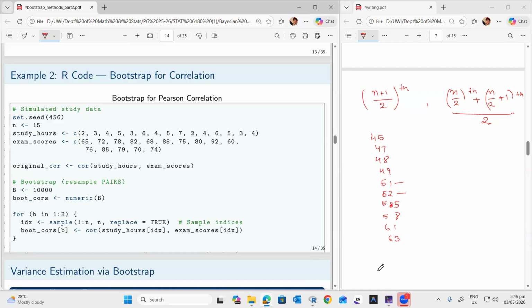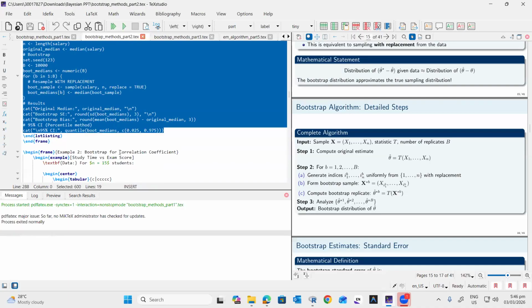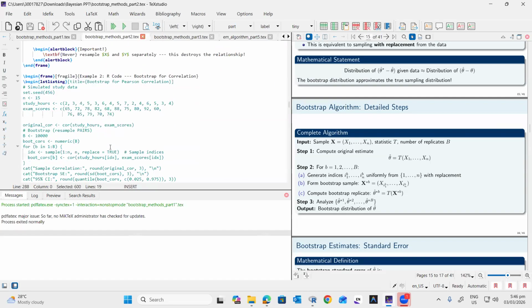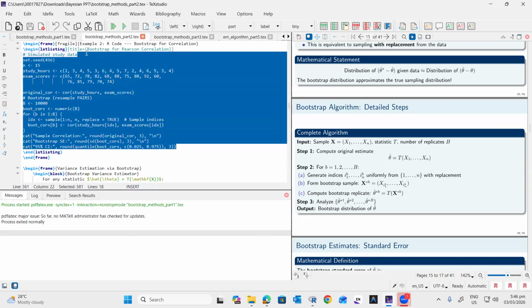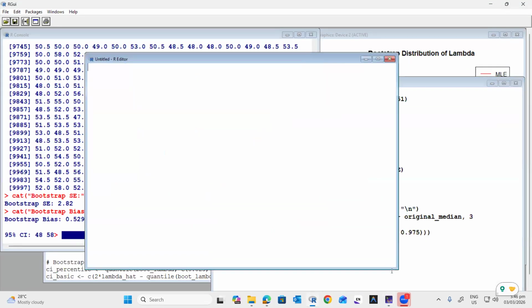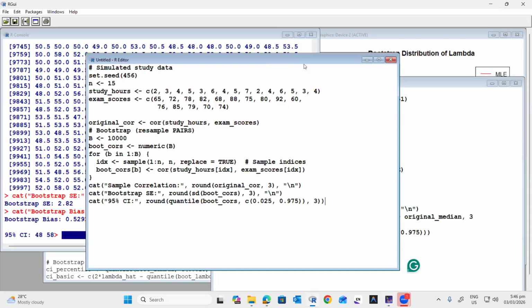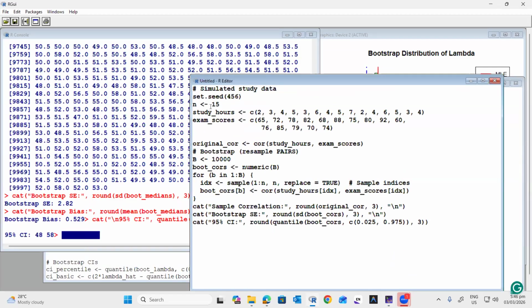So we are going to check in R. Here we have the data: n is equal to 15, so 15 students are there, and their study hours are stored in study hours, with the corresponding exam scores stored as well.